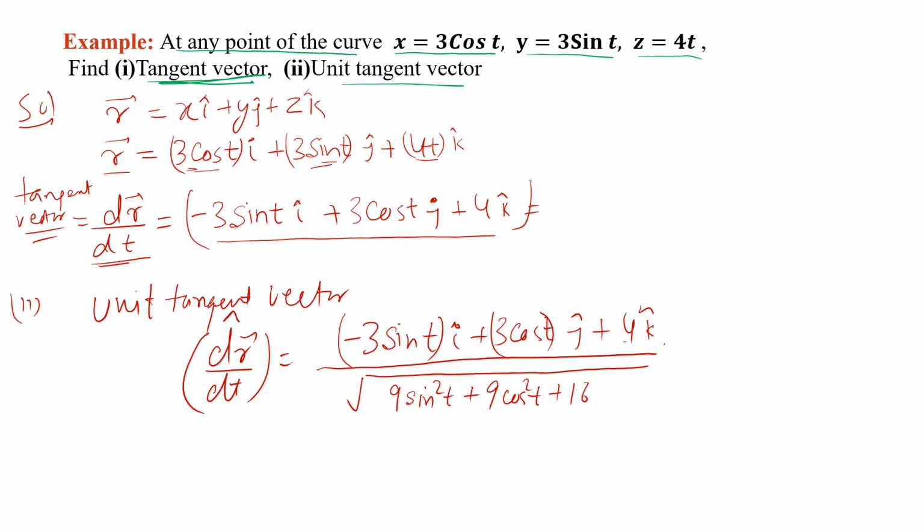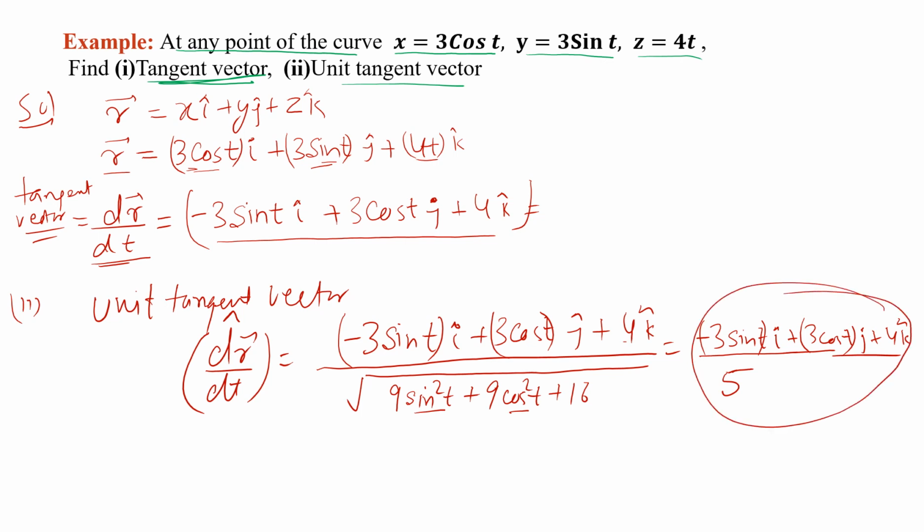Here sin square plus cos square gives 1, and 9 plus 16 gives 25, so we get 5. So the unit tangent vector is 1 by 5 times (minus 3 sin t i plus 3 cos t j plus 4k). This is the unit tangent vector.